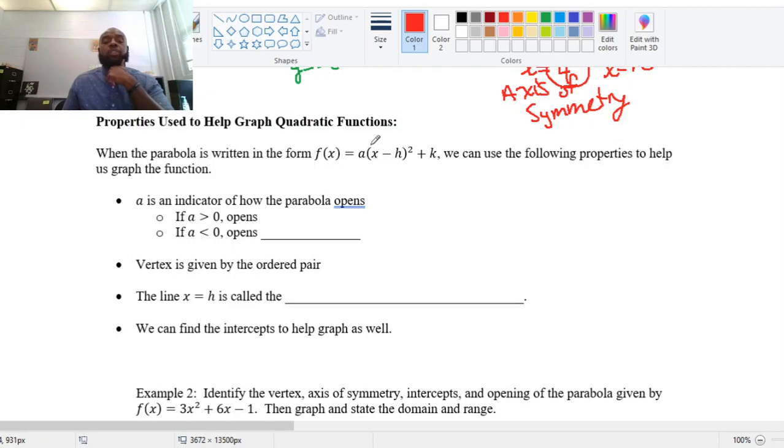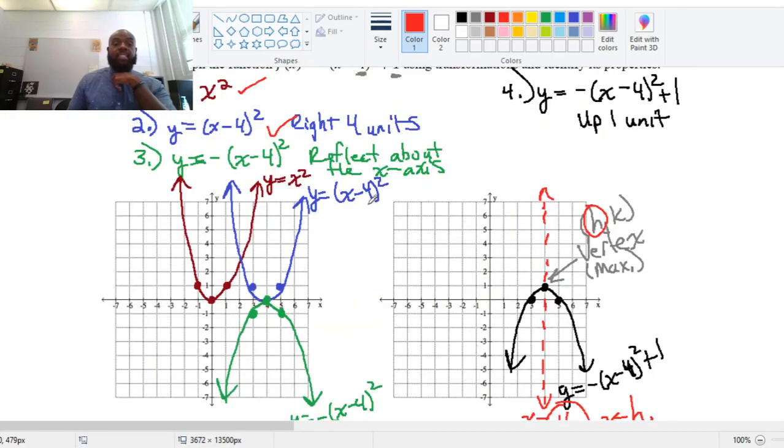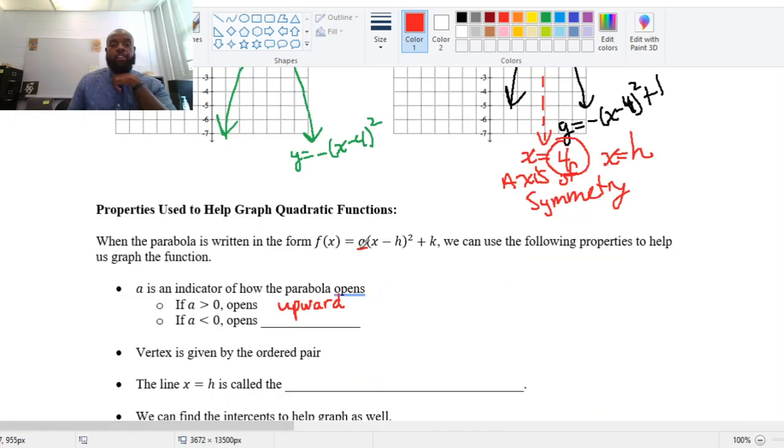When our parabola is written in this form right here, a, which is that leading term, is going to be your leading coefficient. It's going to be an indicator of how your parabola opens. When a is greater than 0, it opens upward, which was the case in y equals x squared and y equals (x minus 4) squared. That there's a +1 and a +1 in the place of your a in this formula here.